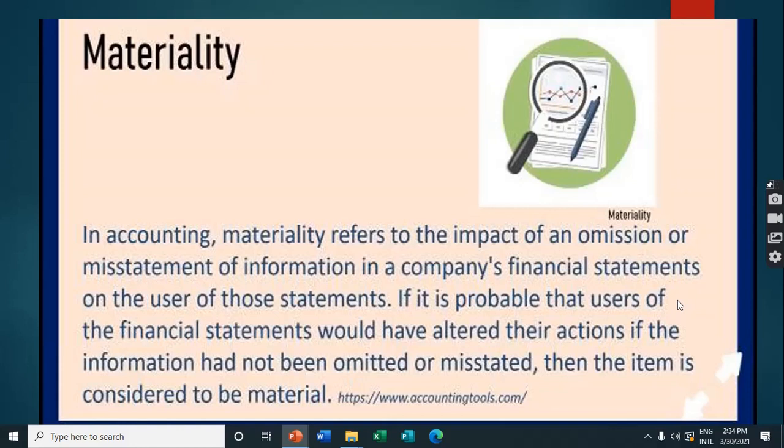So, for example, yung company with a cash of 100 million. Pero, may missing na napagtanto ng accountant, may missing na 1,000. So, yung amount na 1,000 na yon might not be too material.